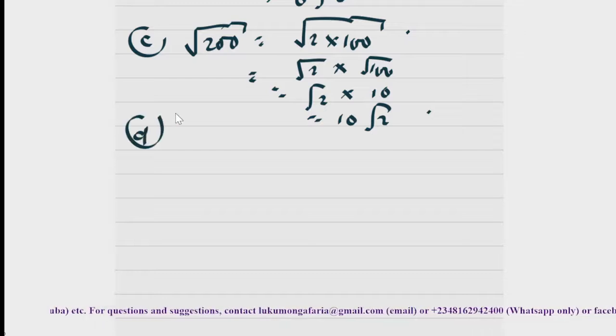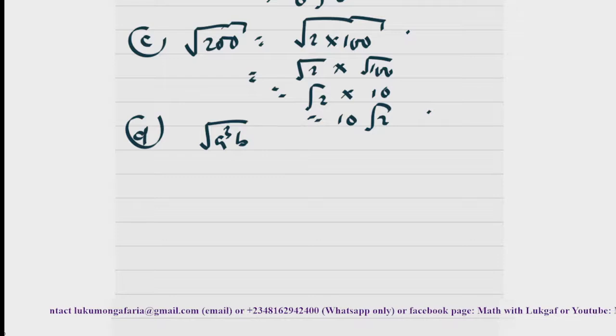You understand? And lastly, we have something of this nature, root a cubed b. This is not a number; you have it in alphabet. In general, when you have something of this nature, how are you going to do that? You use the same way. This a raised to the power 3, you can split it into two such that one of the factors is a perfect square.